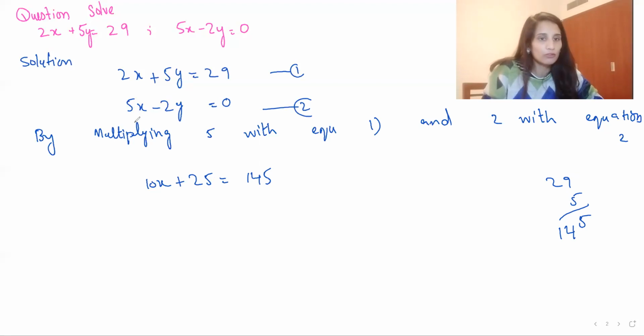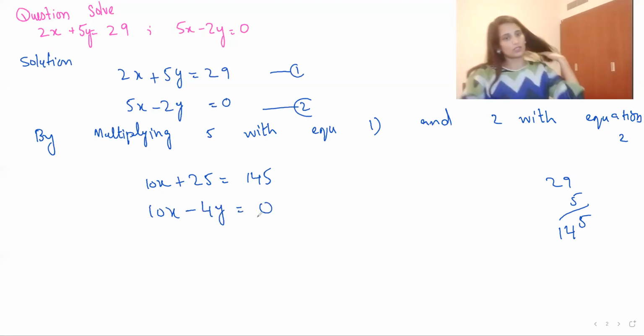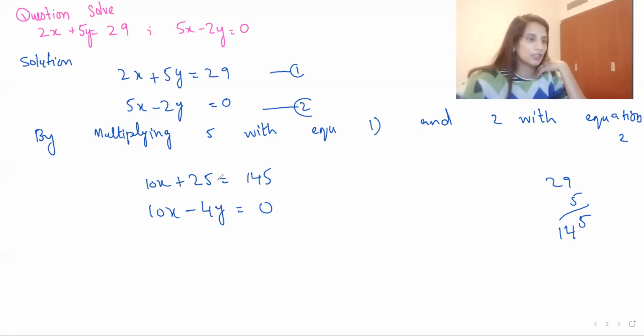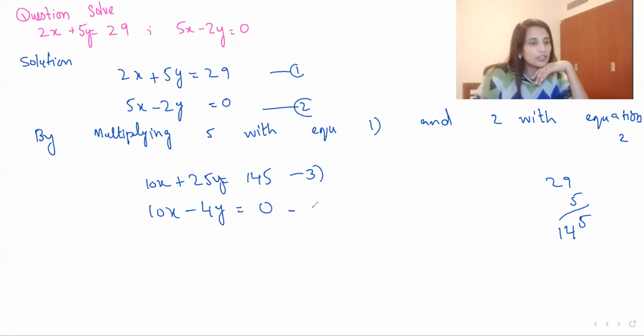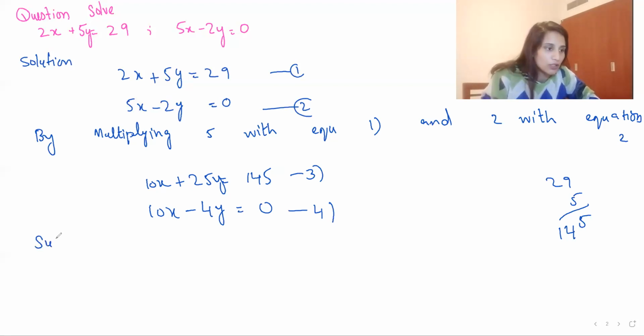And when we multiply 2 with equation 2, 2 fives are 10x minus 2 twos are 4y is equal to 0. So we multiply equation number 1 by 5 and equation number 2 by 2. Now if we subtract equation number 4 from equation number 3, we can eliminate x.